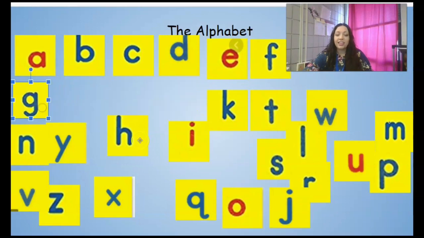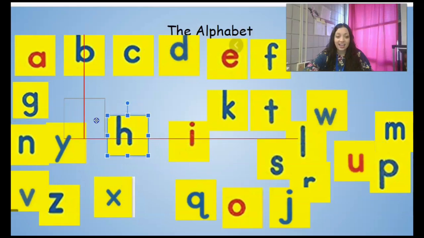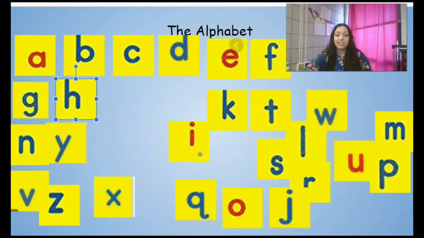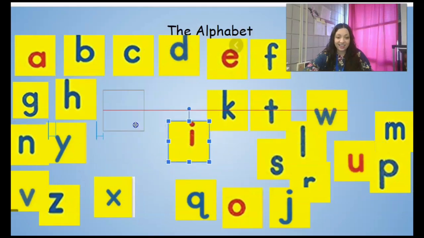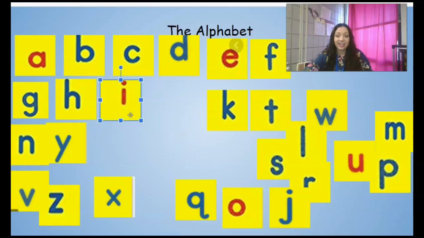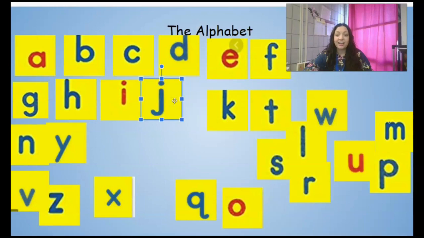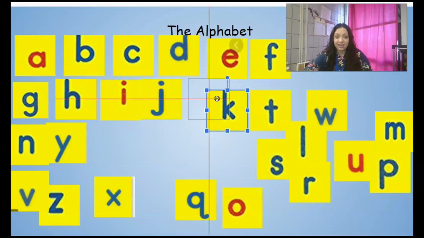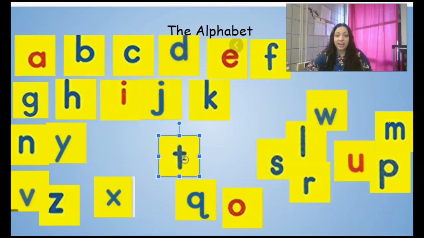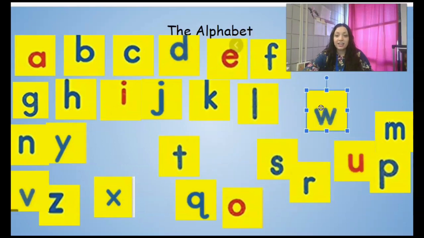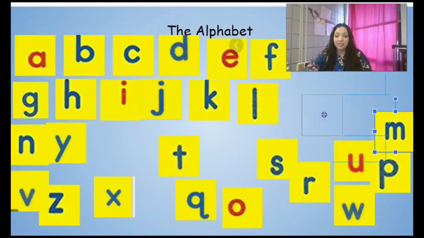After F, G, then H, very good. After H, I, good job. After I, J, we need to find that J. Then K, very good. Then what letter after K? L, very good. After L, M, perfect.